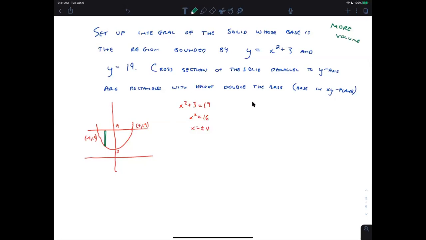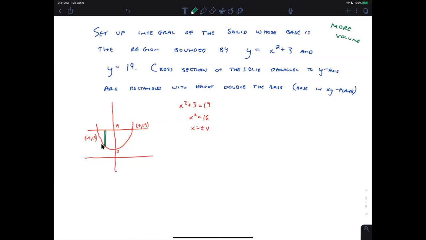Okay, so there were some pictures yesterday that showed triangles extending up out of the page, and I think there were some other ones where it was a rectangle. Here, it's a rectangle that extends up out of the page. The base is in the page, it's right here, and the height of the rectangle is double that.